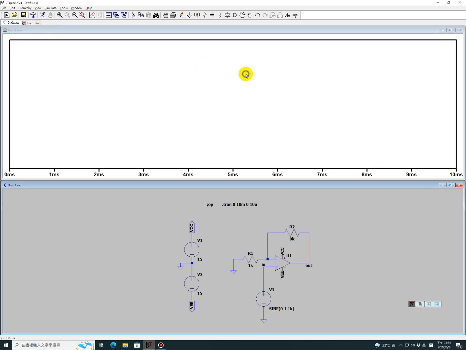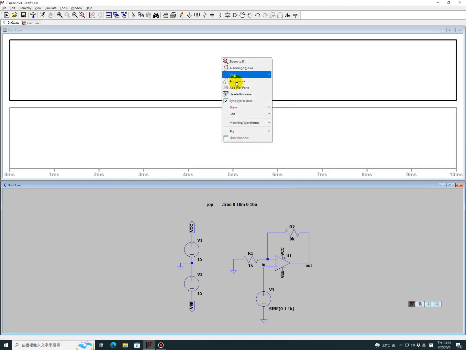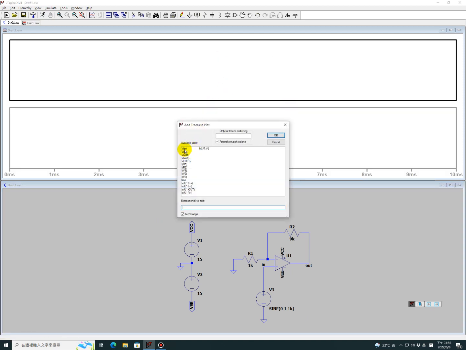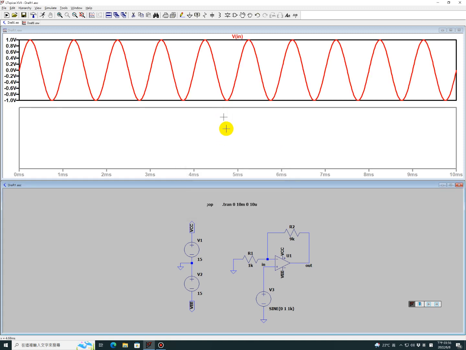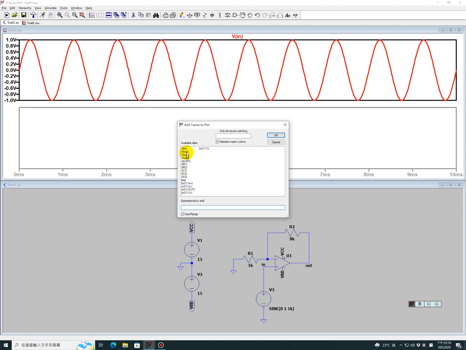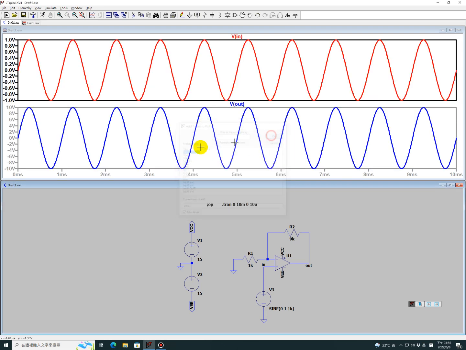Now you can run it. You add trace V in and add trace V out. You see, now this is 10 volt, this is 1 volt. That's 10 times, right?